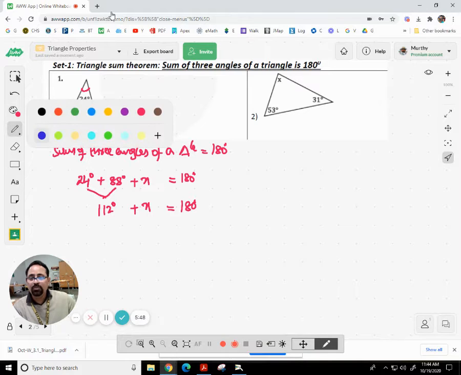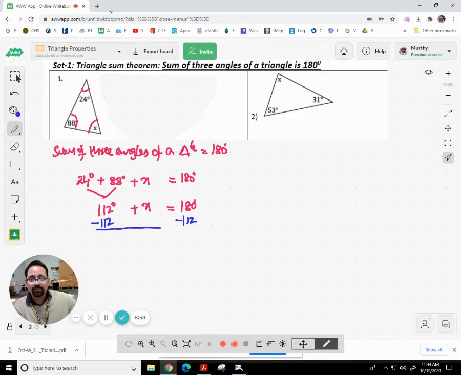So let's use simple algebra. Let me take away the same value 112 on both sides. So 112 take away 112 gets cancelled. The value of x equals 180 minus 112. You can make use of a calculator and do the subtraction. You end up with 68.